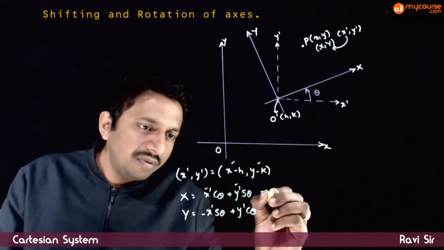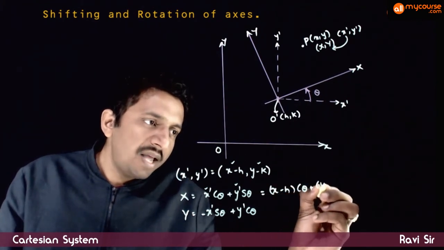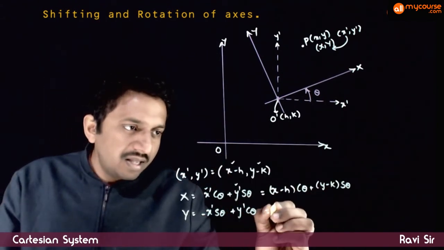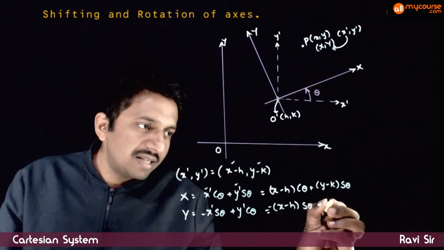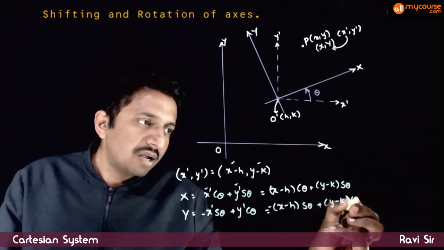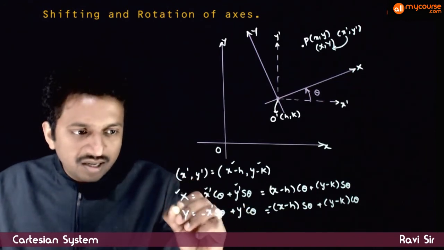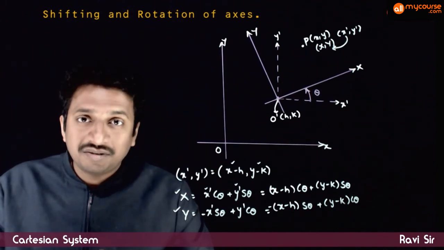So that is equal to x minus h times cos theta plus y minus k times sin theta, minus of x minus h times sin theta plus y minus k times cos theta. So these are the formulas for capital X and capital Y, which are the new coordinates.